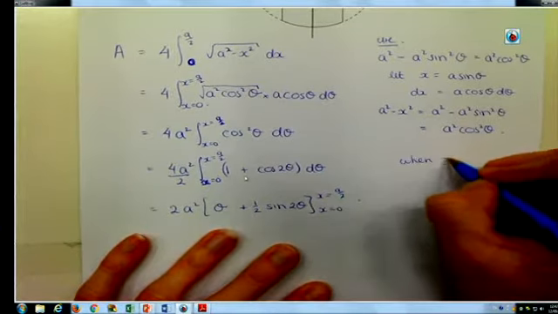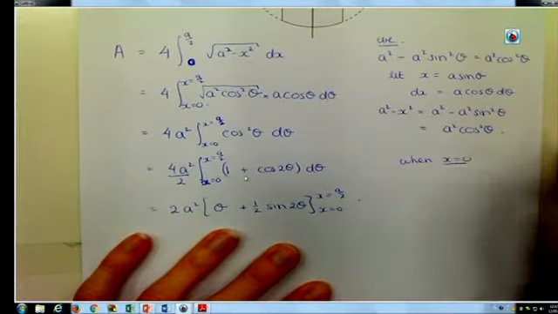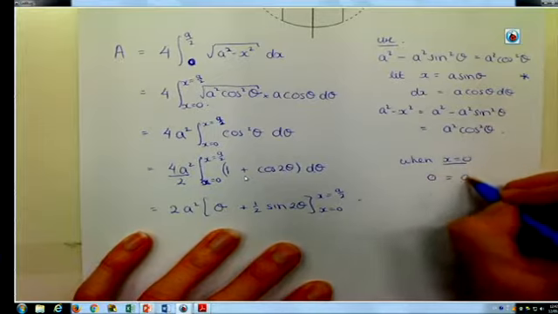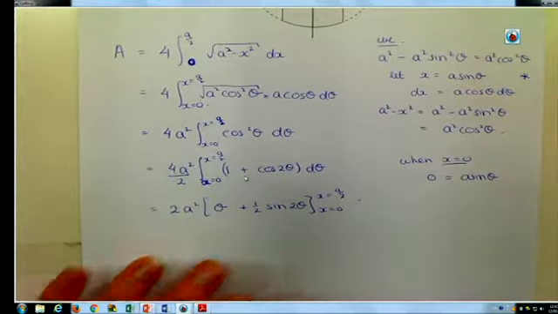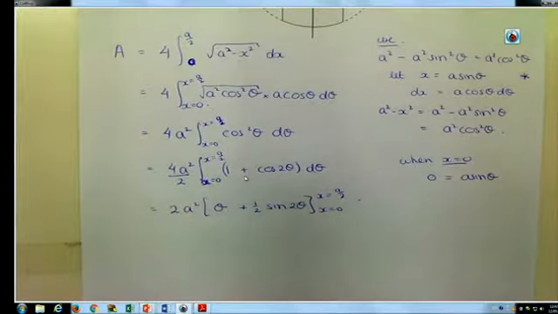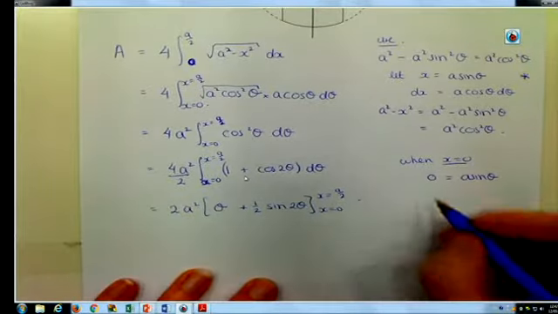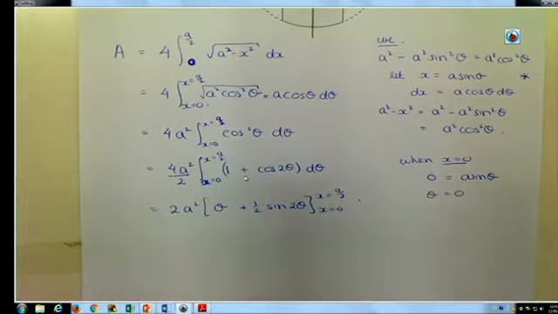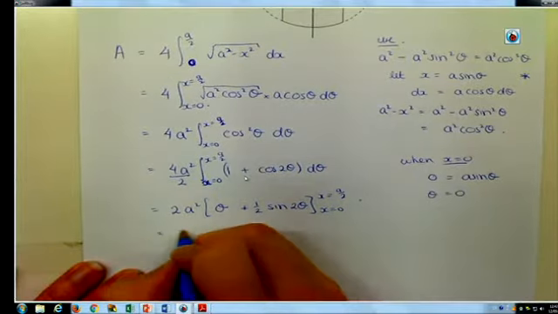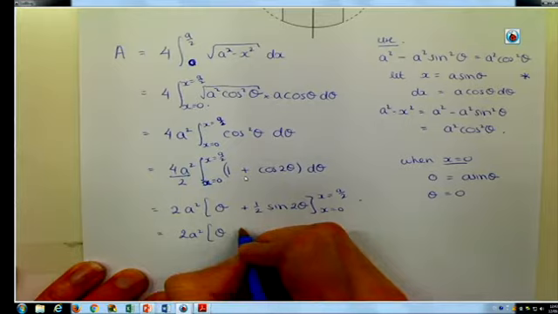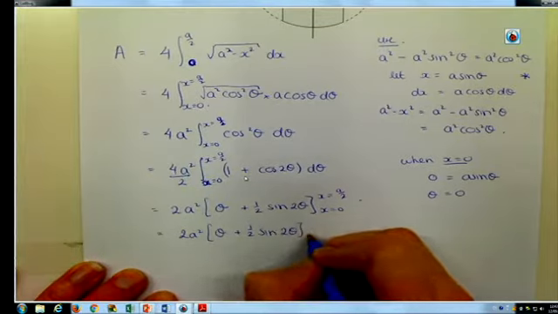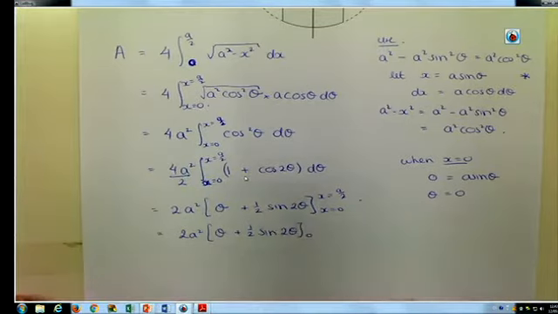When x is equal to 0, use our substitution. So you would get 0 equals a sine theta. And you want to know what value theta will take, right? Theta is going to be 0. So when x is 0, theta is 0.